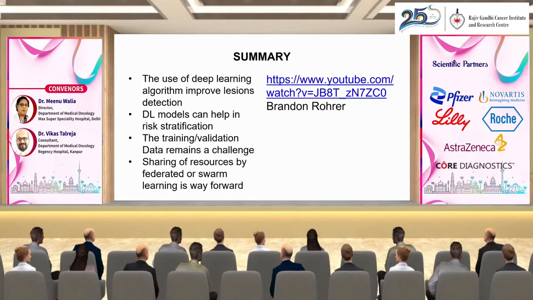Whereas in swarm learning, there are multiple nodes. Using the data at different nodes, you can train your system. So you have to give your codes to all other centers. They will validate your AI system independently. So these are two ways of learning which may be the way forward.